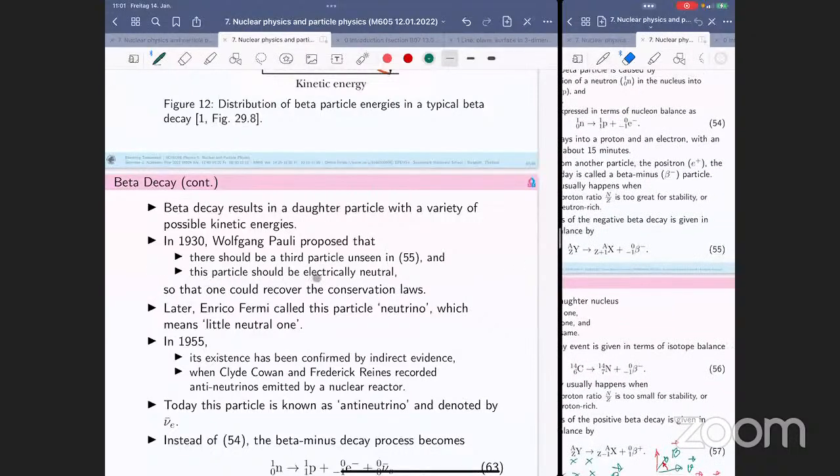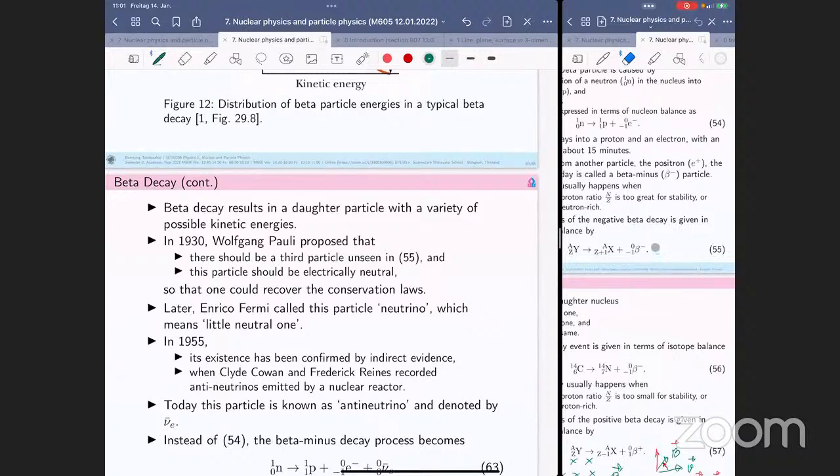This particle should be electrically neutral, because the charge is already fulfilled on both sides of this equation. The third particle should have no charge at all. It should be neutral in charge, so it's 0 coulomb.